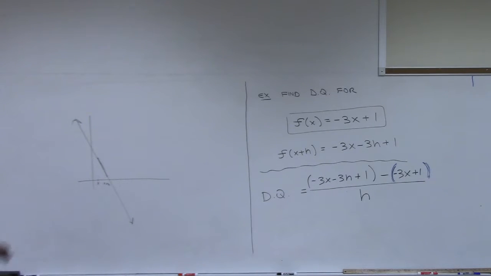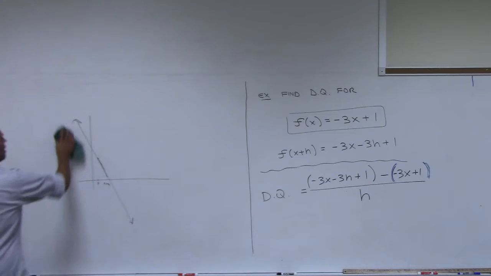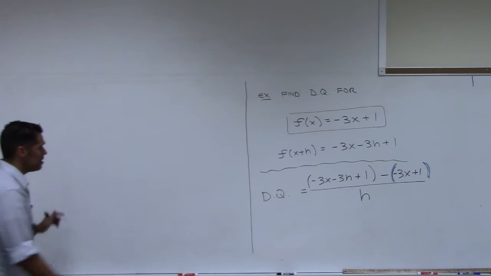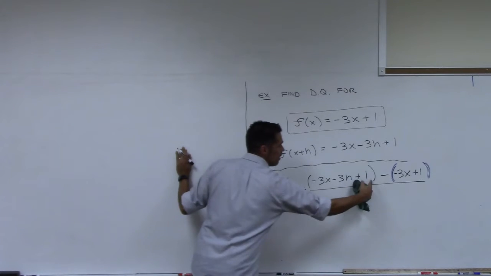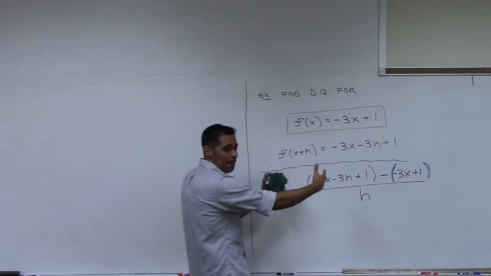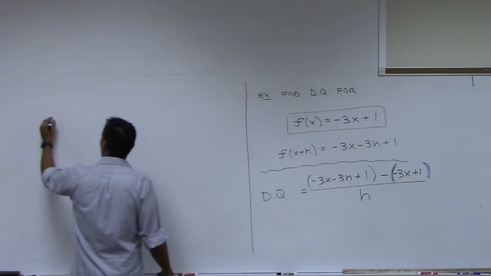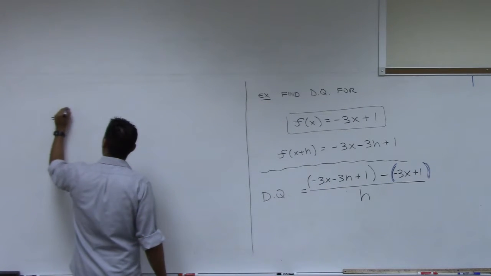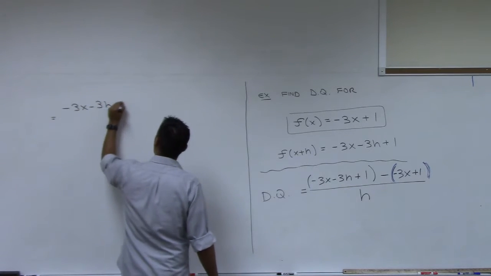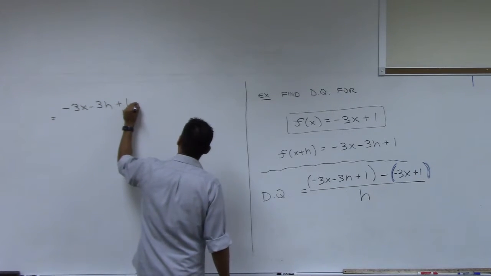The next example I do won't be a line. That won't work out so well. I was just curious if anyone could kind of see that first. All right, let's clean this up. Do I really need the parentheses around this? I don't. I only did it so you could see that that's the top left. Okay? So we have our difference quotient is equal to negative 3x minus 3h plus 1, and then what?